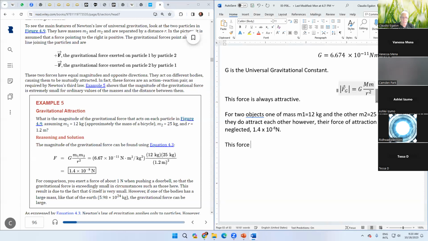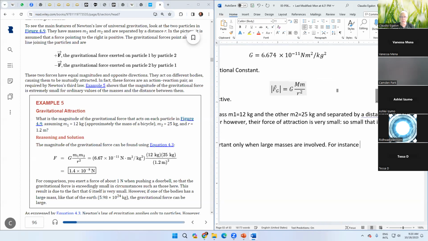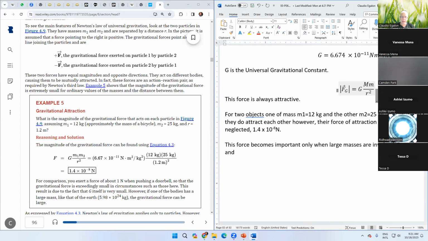This force becomes important only when large masses are involved. For instance, the mass of the Earth and the mass of another object. What's the mass of the Earth?